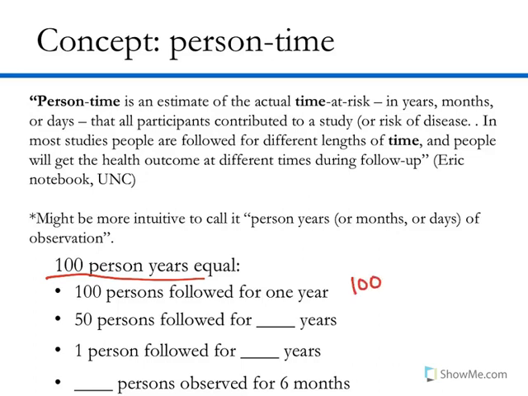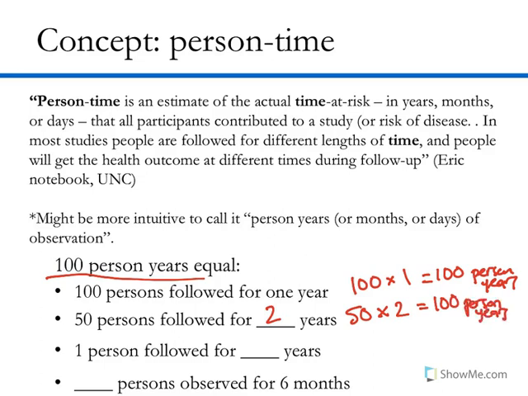So we have 100 people in our study, we follow them each for 1 year, and that equals 100 person years of risk. We could also follow 50 people for 2 years, because each of those 50 people would contribute 2 years of risk, and that would also equal 100 person years.